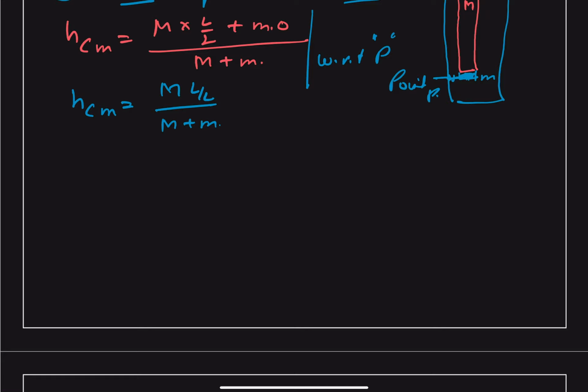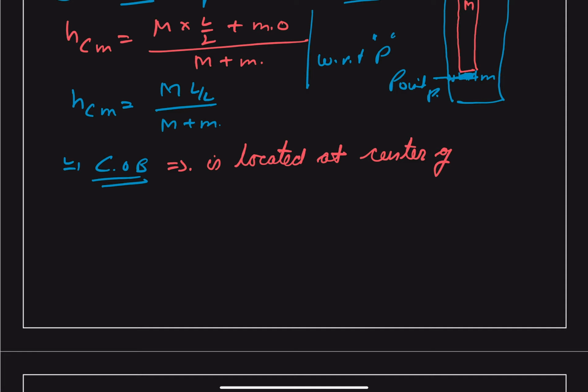So now let us find out the center of buoyancy. The center of buoyancy is located at the center of the submerged length, and the submerged length is our small h.